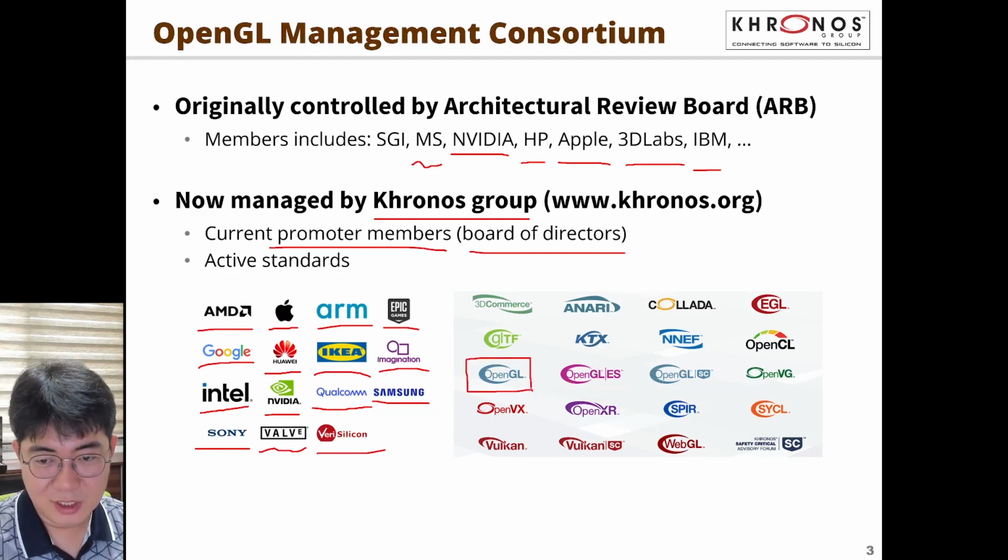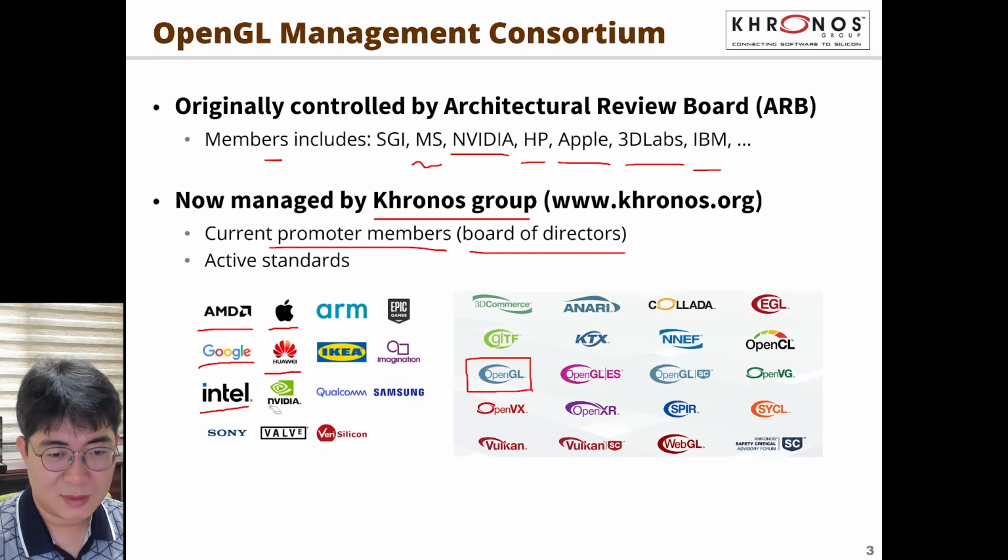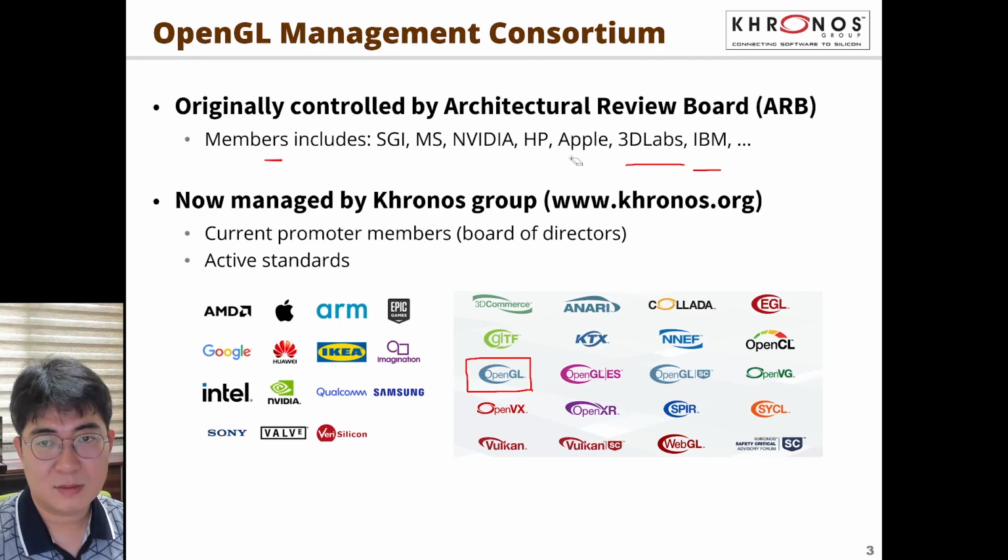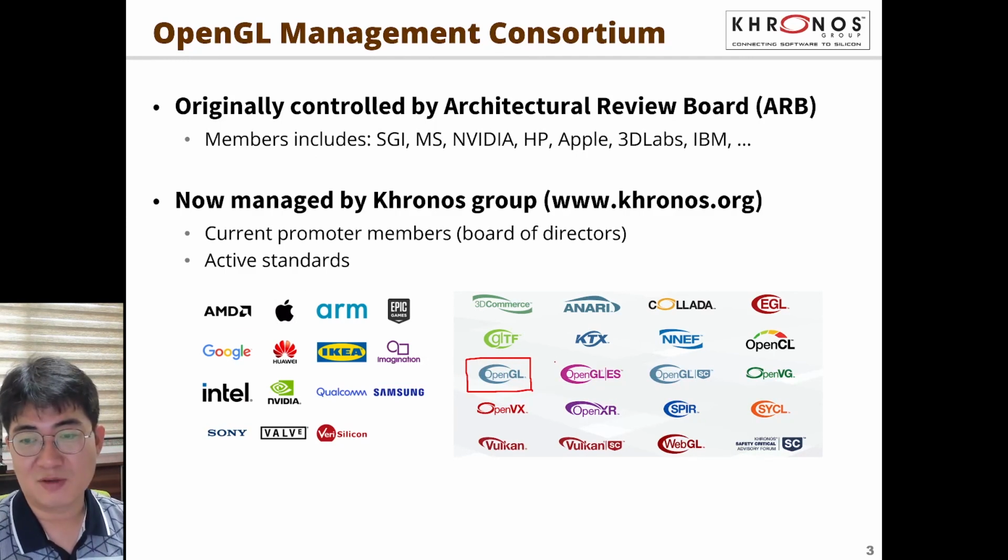Here, OpenGL is definitely the most important API of Khronos, and its embedded system version, OpenGL ES, is for smartphones or embedded systems.